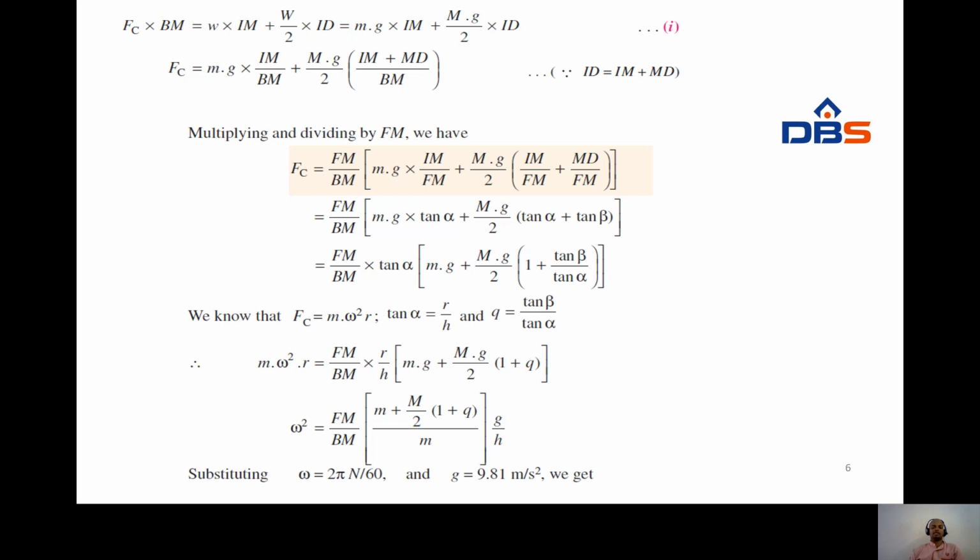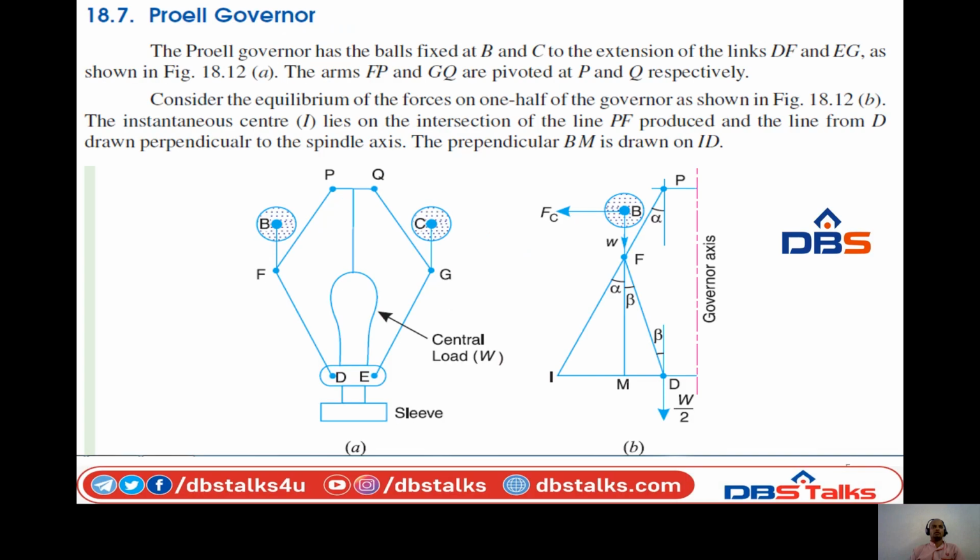So by taking the moments about I, FC and BM are perpendicular to each other. FC into BM, from diagram B, is in the anti-clockwise direction.